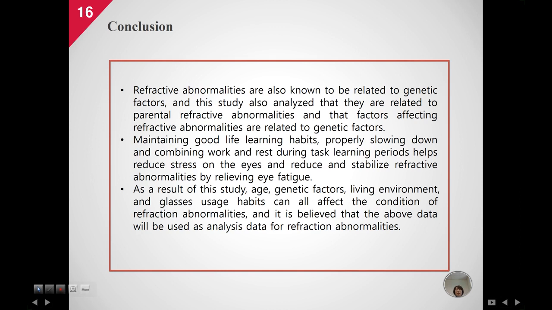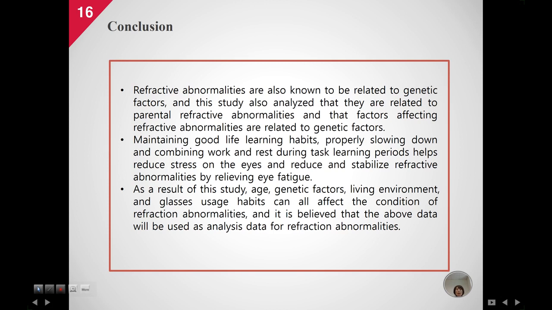Maintaining good learning habits, such as slowing down, climbing or walking, and spending less time on tasks during the learning period, reduces stress on the eye and helps stabilize refractive abnormalities by relieving eye fatigue.